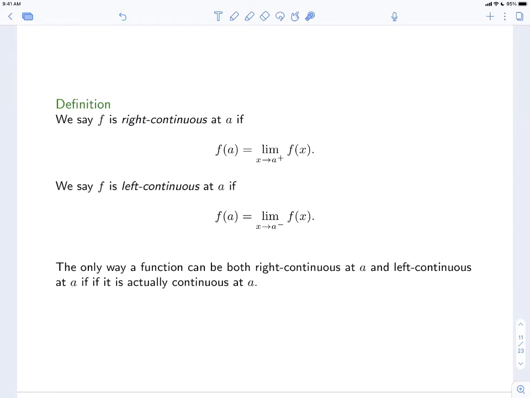The only way a function can be both right continuous at a and left continuous at a is if it is actually continuous at a. So a function can only be actually continuous if it is both right continuous and left continuous, because in that case the two pieces will meet up.